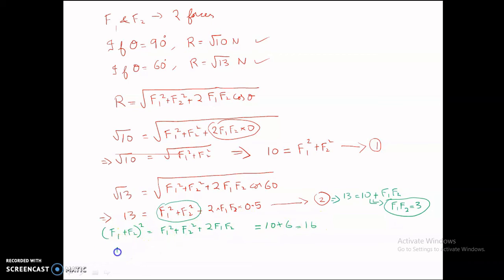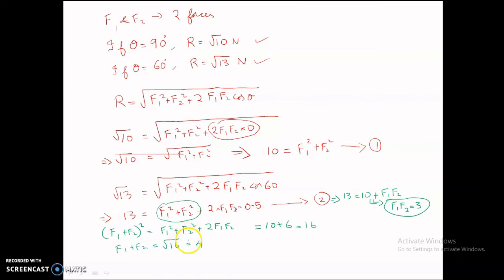So F1 plus F2, taking the square root, that is square root of 16, that is 4. So here you get the value of F1 plus F2 as 4.